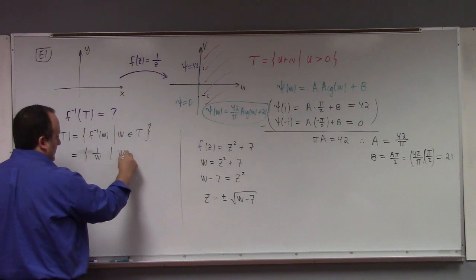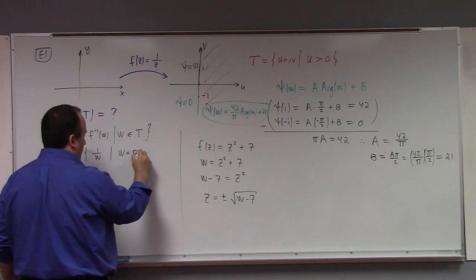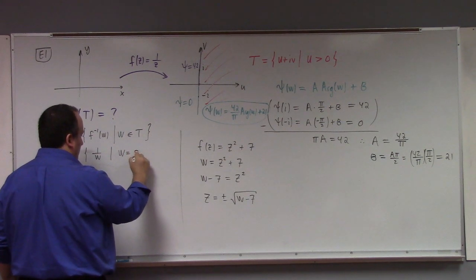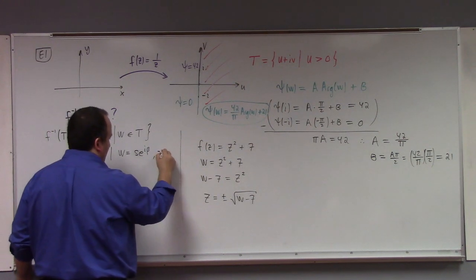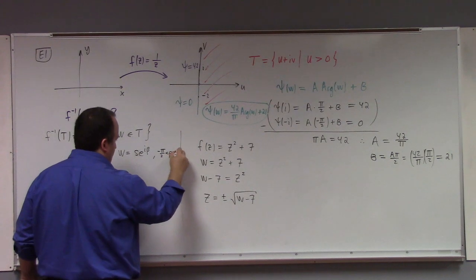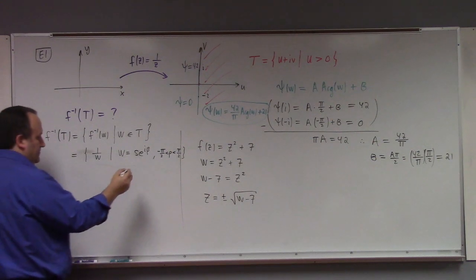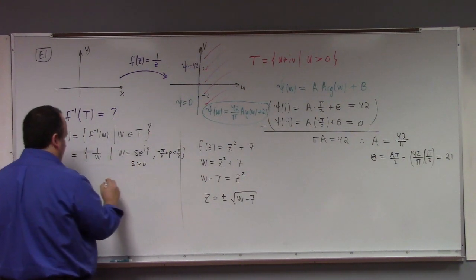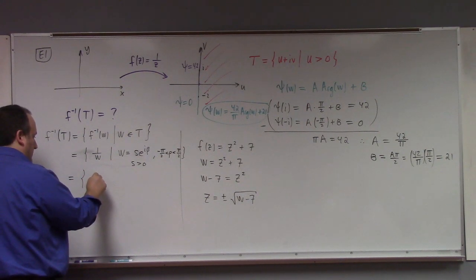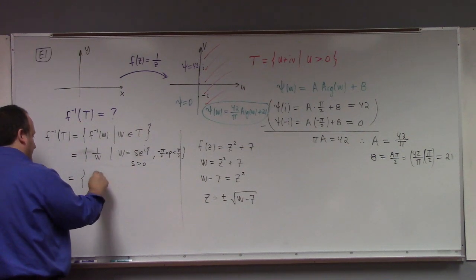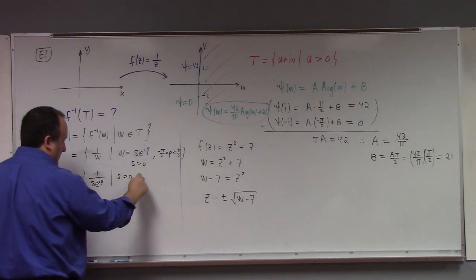Such that w is equal to, we could say, s e to the i beta, perhaps, where minus pi over 2 is less than beta, less than pi over 2. If you want to present it in terms of polar coordinates, great. And s is a positive constant. So that's really 1 over s e to the i beta, such that s is positive and beta is ranging over that interval.